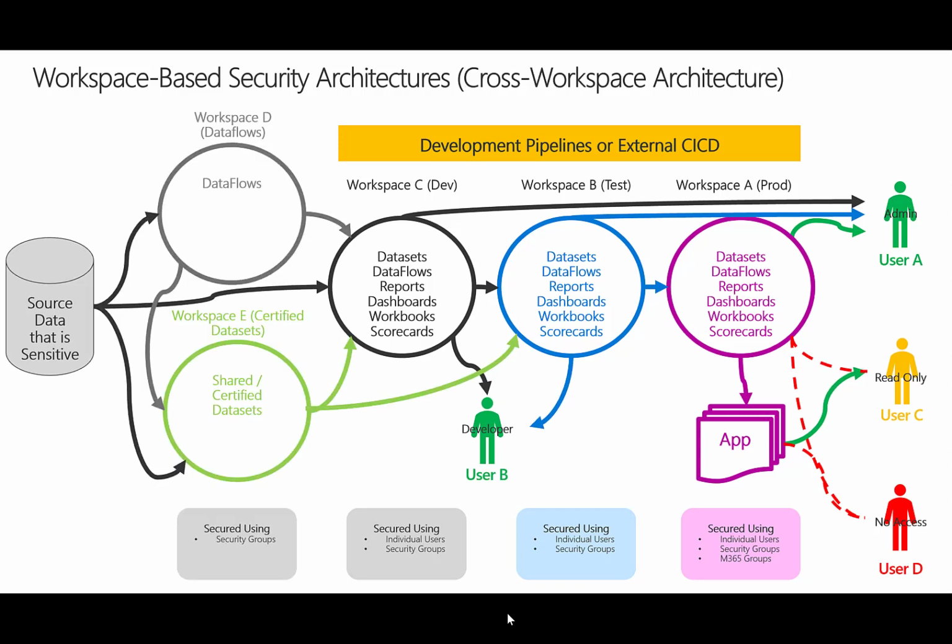Now let's move to the third example, the more advanced, what I would call IT level example, which is cross workspace architectures. So you'll see what we've added here is two additional workspaces, D and E. D is shared dataflows, and a couple reasons you might want to do this. One, it'll reduce the number of queries being sent back to the source.